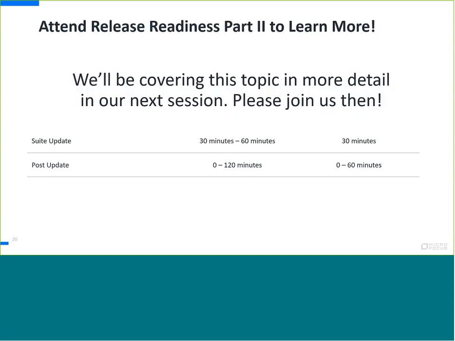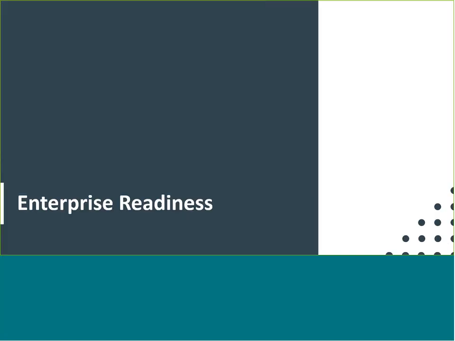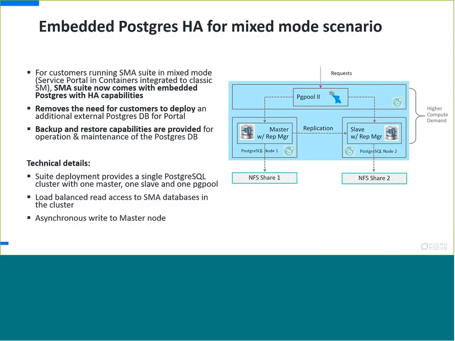So in this release, we made a lot of changes to the enterprise or improvements to the enterprise readiness. One of the key things that we did in this release is we are releasing embedded Postgres HA for some of the mixed mode scenarios.